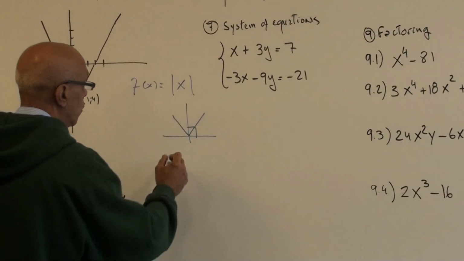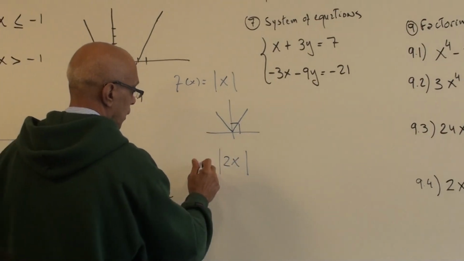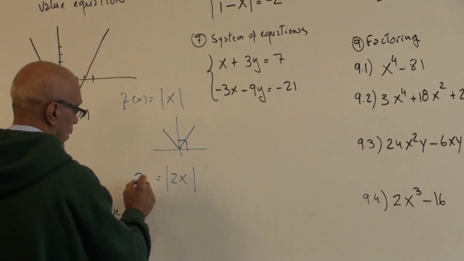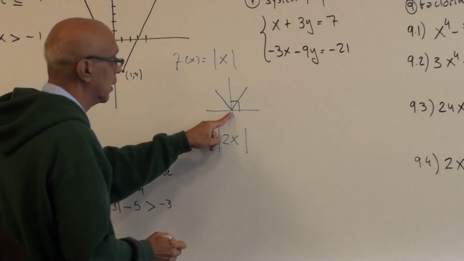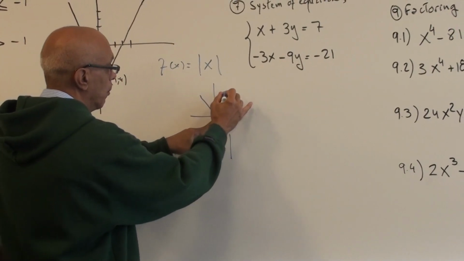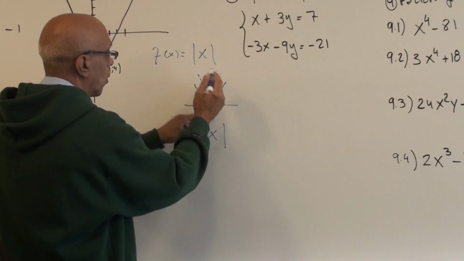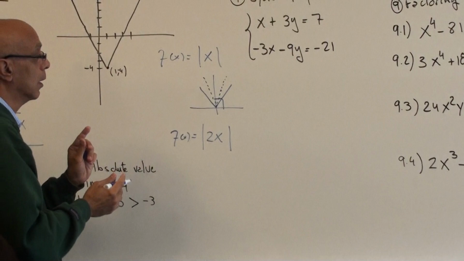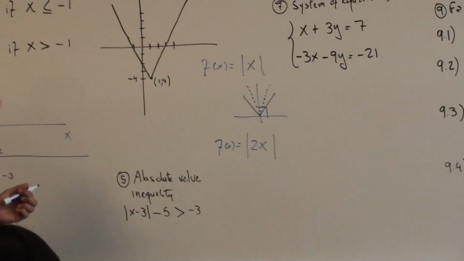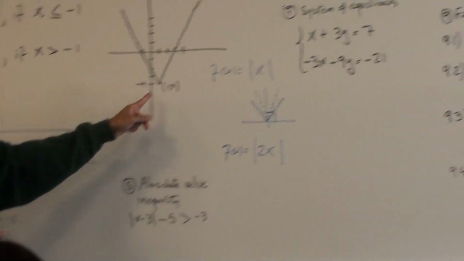If I introduce 2x, for instance, what's going to happen is that now this slope here is going to change. It's going to be 2, so I'm going to have a point like that. So the v now is closer to the axis, right? So that's what's happening here. The first thing you need to figure out is what is my slope?